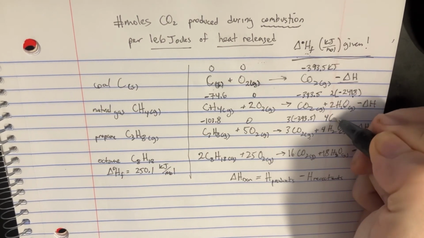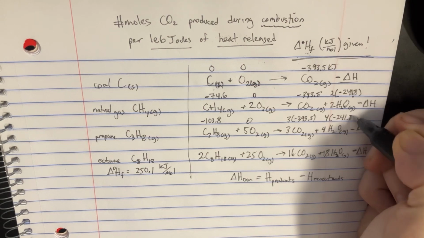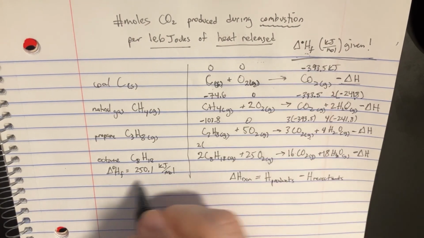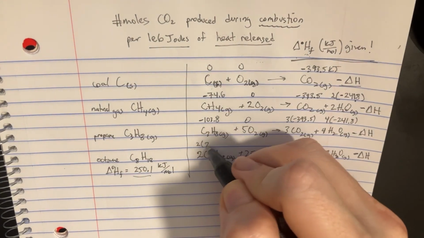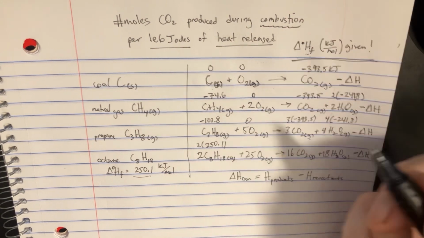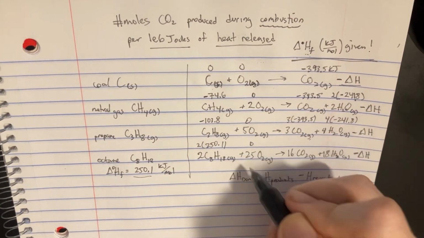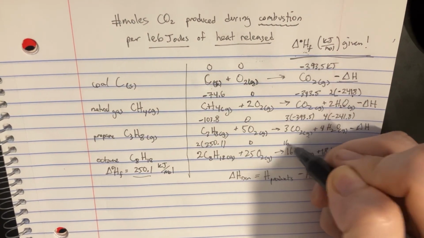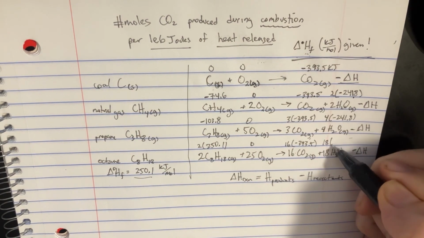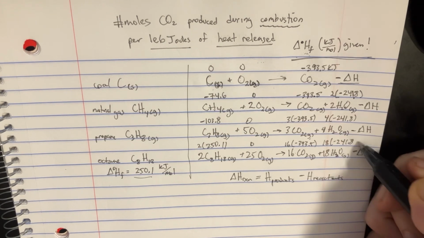Here we have 4 times negative 241.8. And over here, we've got 2 times, this one was given to us, I believe, negative 250.1. And then we also have 25 O2, this is just going to be 0, though. And over here, we can do 16 times negative 393.5, 18 times the negative 241.8.